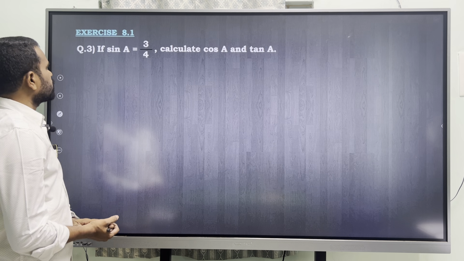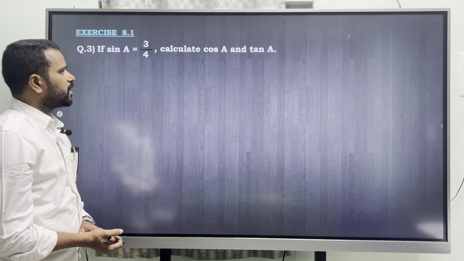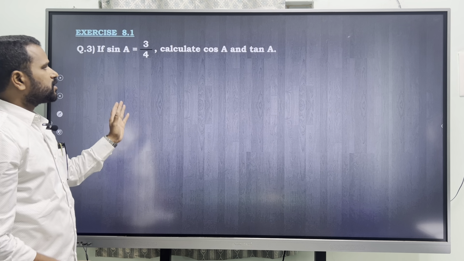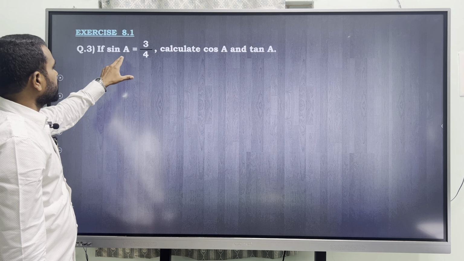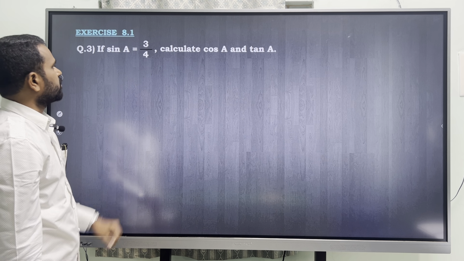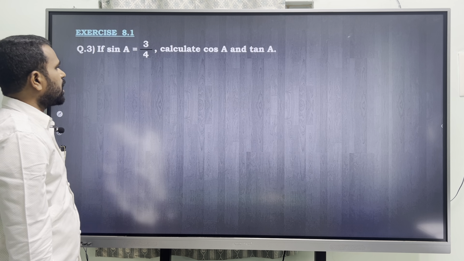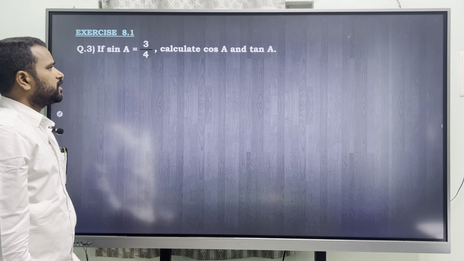If sin A is equal to 3 by 4, calculate cos A and tan A. In the previous problem, they gave lengths, but here the trigonometric ratio has been given. So sin A is given, calculate the other ratios, cos and tan.